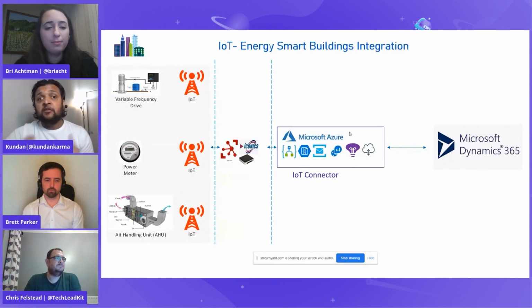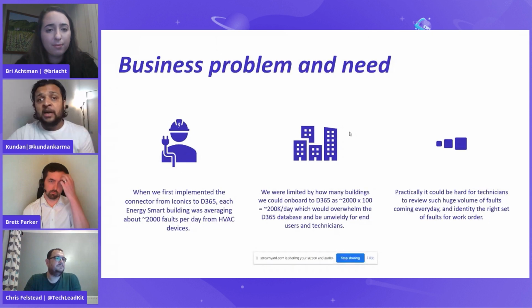Once we rolled out this integration and started onboarding buildings, we had to stop after onboarding 13 buildings. We could not onboard more. What problems did we face? Once we onboarded the buildings, we saw that every building was emitting 2,000 faults per day to our Dynamics 365 platform.